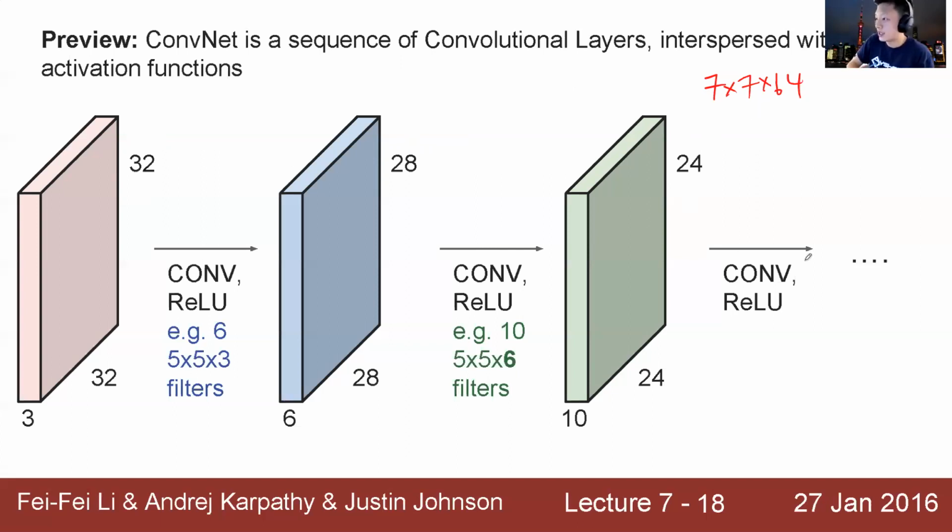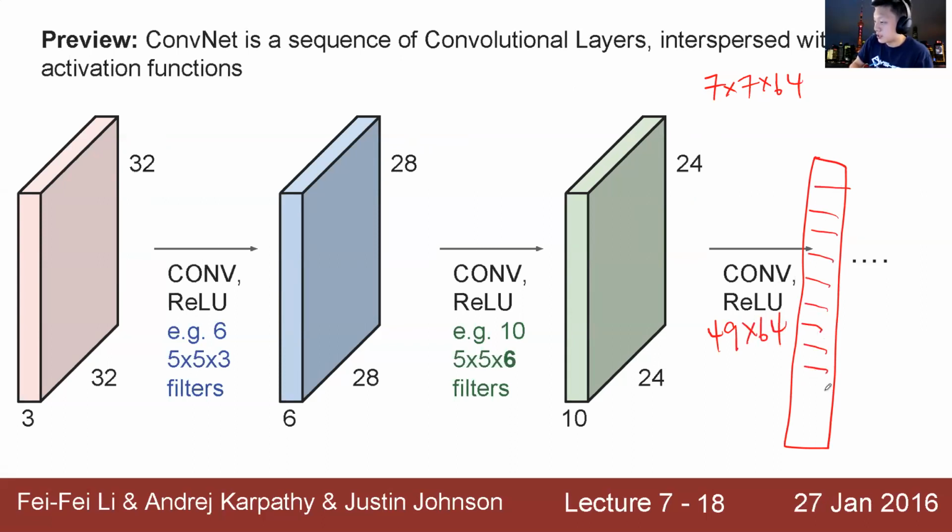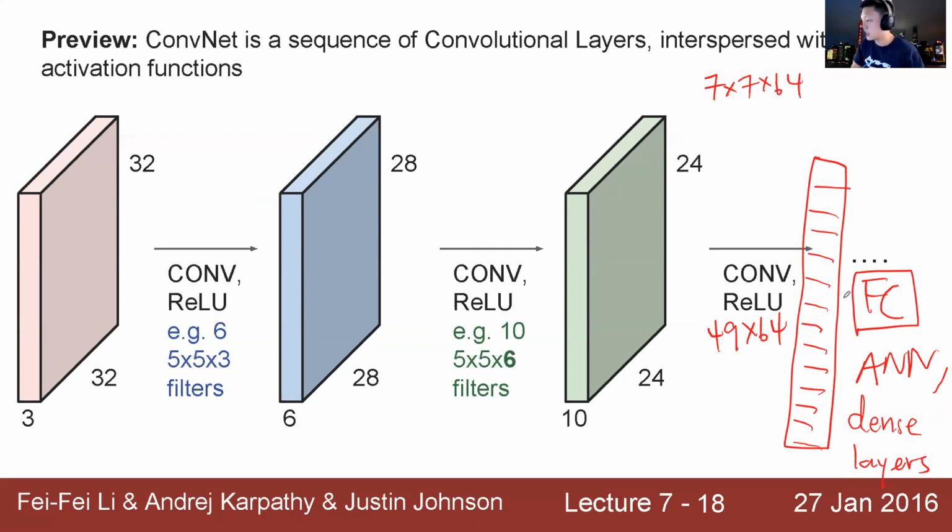You just flatten it into this huge 49 by 64 set of values, and you apply a fully connected layer. This is what we call an ANN, your dense layers, whatever you want to call it. We put it in here, and then you finally get an output.